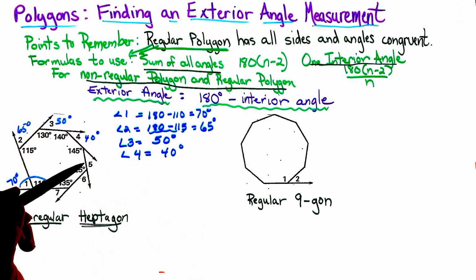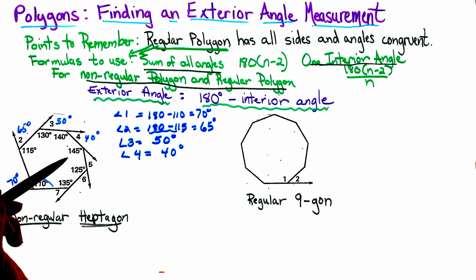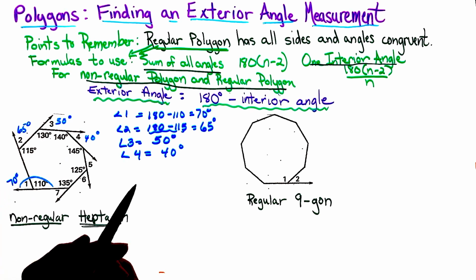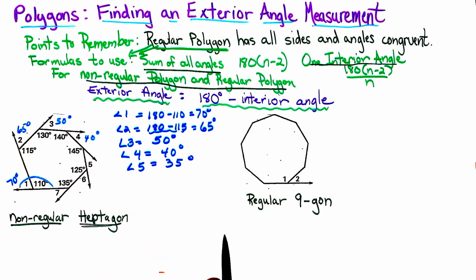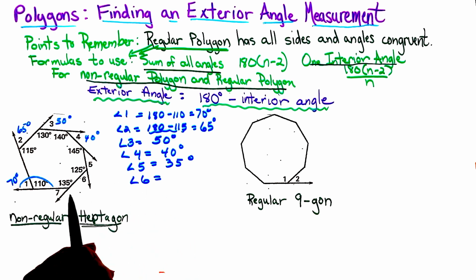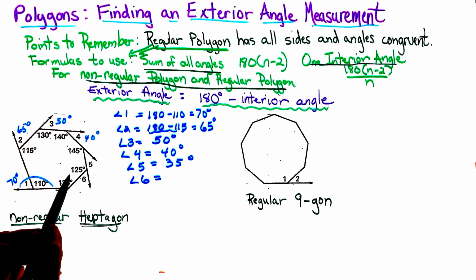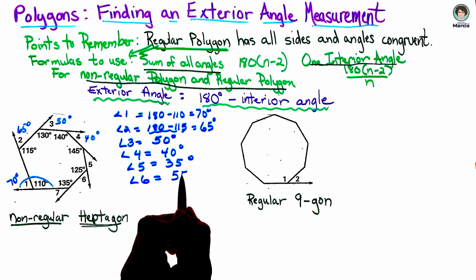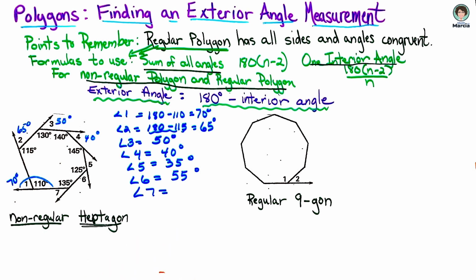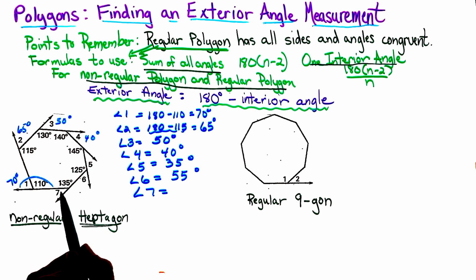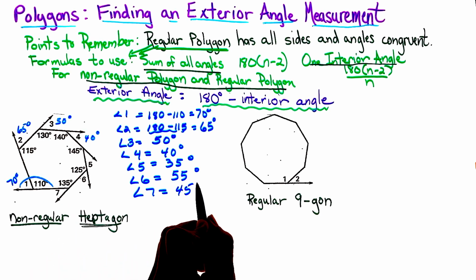For angle 5, which is right here, we have a big interior angle of 145, and 180 minus 145, and this is for angle 5, is equal to 35 degrees. For angle 6, we have 180 minus 125, and we get 55 degrees. And for angle 7, our last angle, we have 180 minus our 135, and it is 45 degrees.